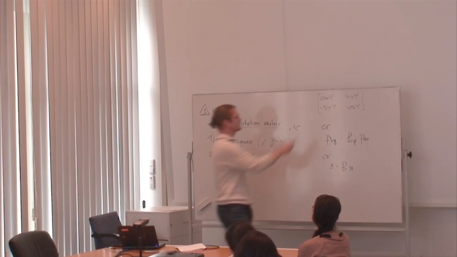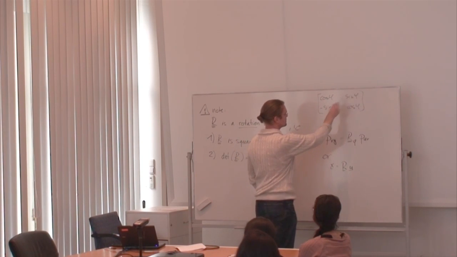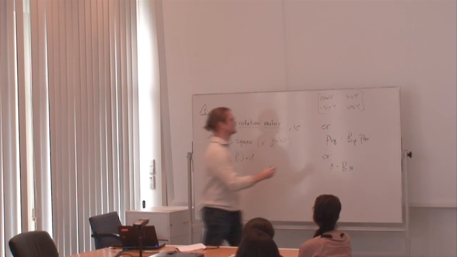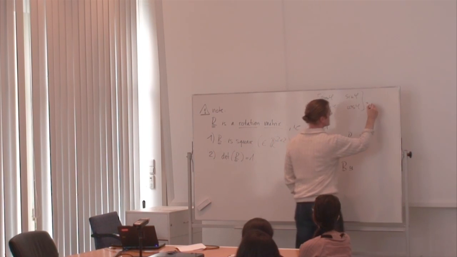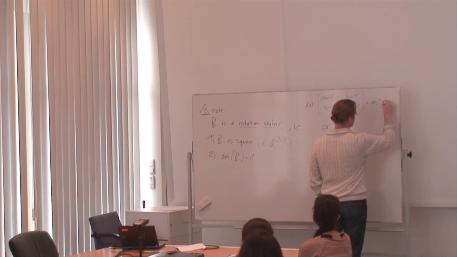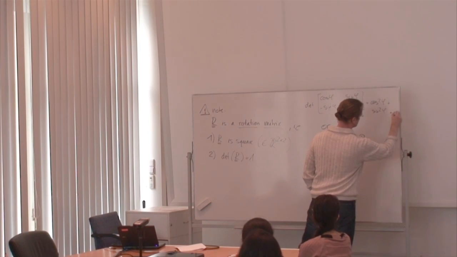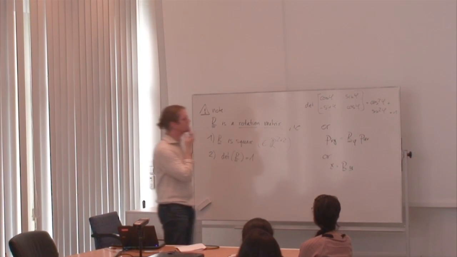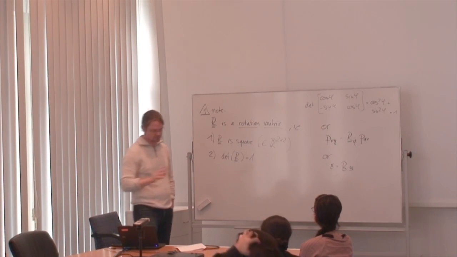It is just this element times this element minus this times this. So the determinant is cosine square of phi minus something minus, which is plus sine square phi, and this is 1. So this is a matrix whose determinant is 1, very special.